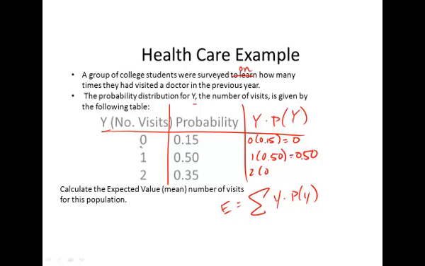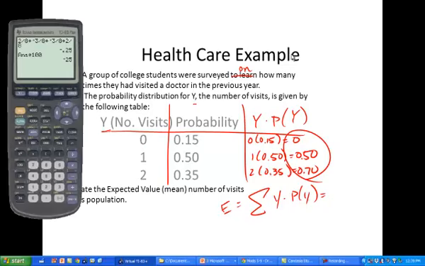And 2 times 0.35 is 0.70. So I would add these numbers up to determine the expected value. 0.5 plus 0.7 is 1.2.